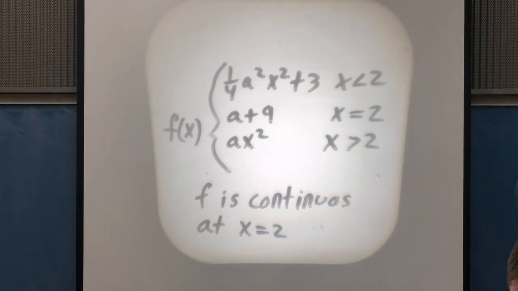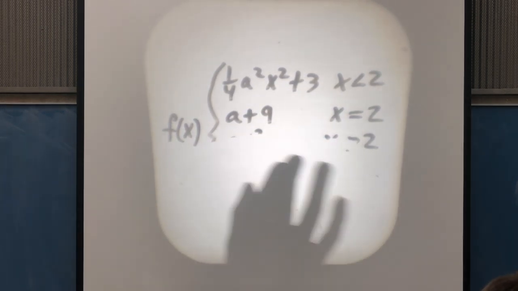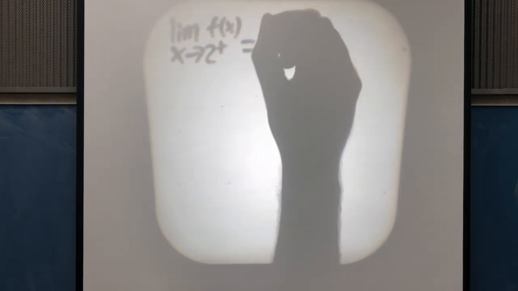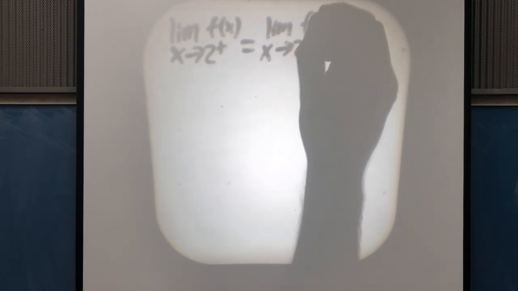This question asks us to find the value of a, knowing that f is continuous at x equals 2. Knowing that f is continuous at 2 tells us three things. One, it tells us the limit as x approaches 2 from the right equals the limit as x approaches 2 from the left.